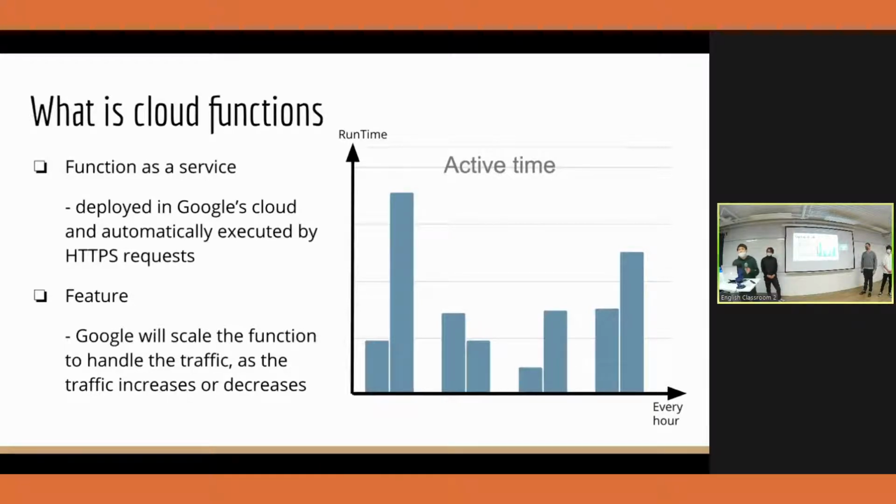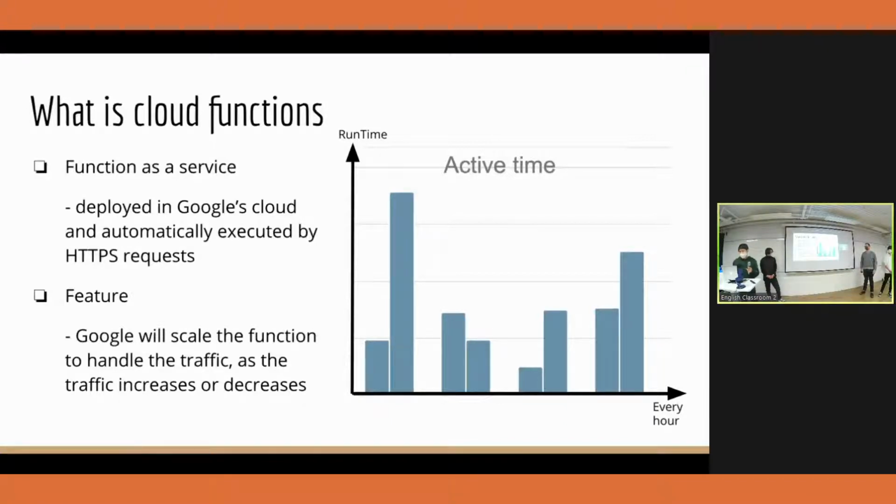In this case, we are storing the function to call the Stripe API. And then Google will scale our function to handle the traffic, as the traffic increases or decreases, as I said on the previous slide.